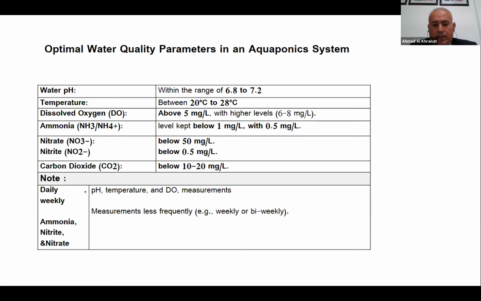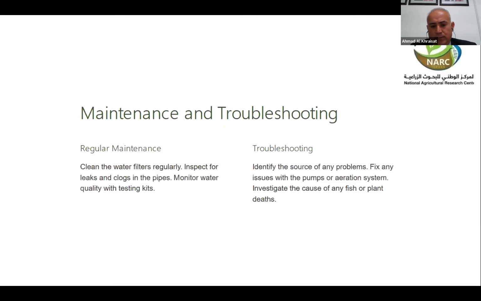Every day I measure the pH, the temperature, and the dissolved oxygen, but for the ammonia I do two controls every week. About maintenance and troubleshooting, we watch the machines all the time.